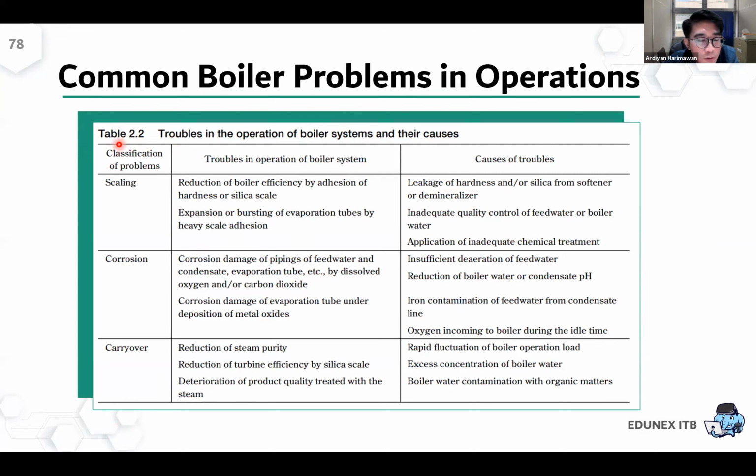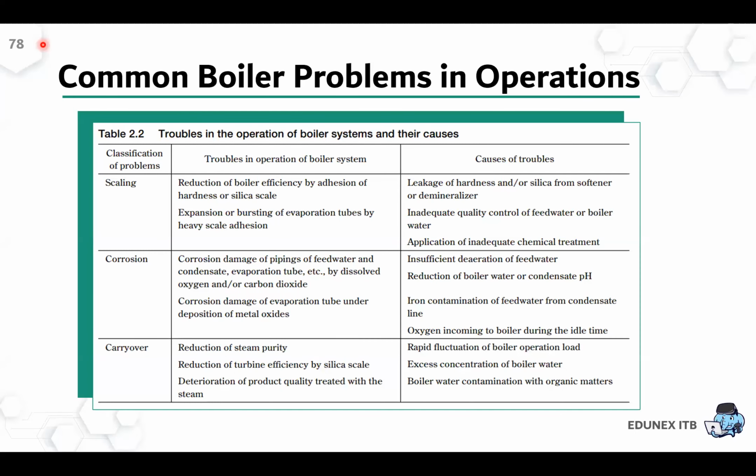Okay, before I continue, is the sound still okay now? Is the sound still clear or small? It's really small, I don't know. How about now? It's still really small, sir.